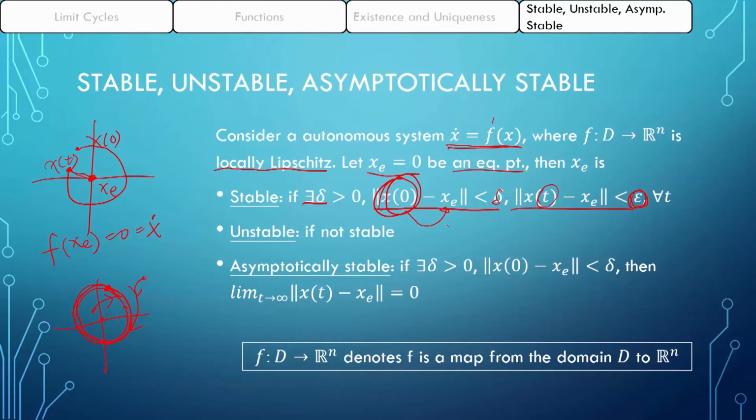And unstable means it's not stable. In other words, the distance is greater than epsilon, which means it diverges.